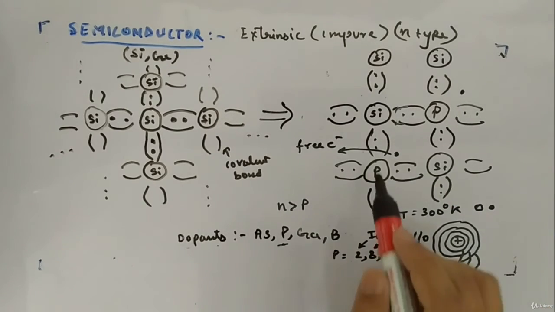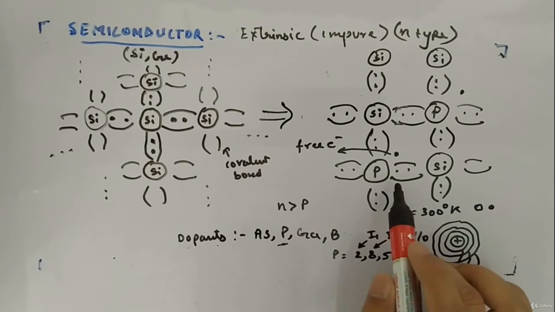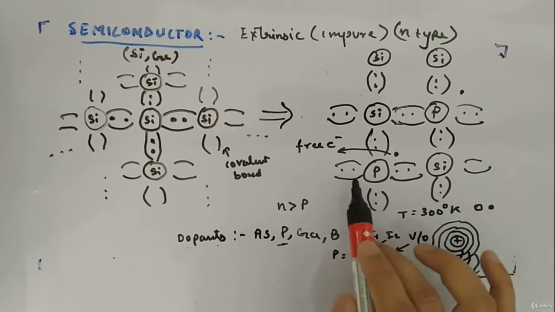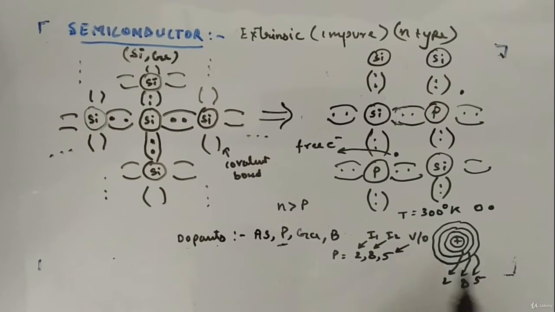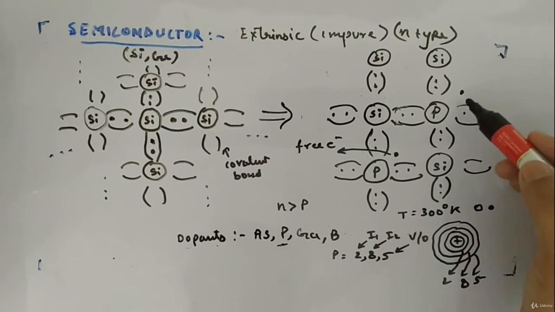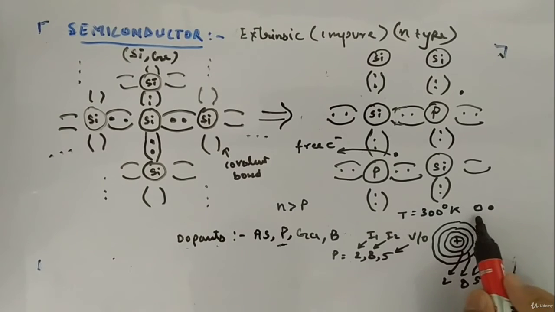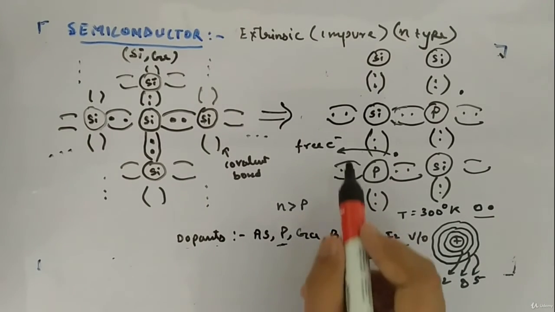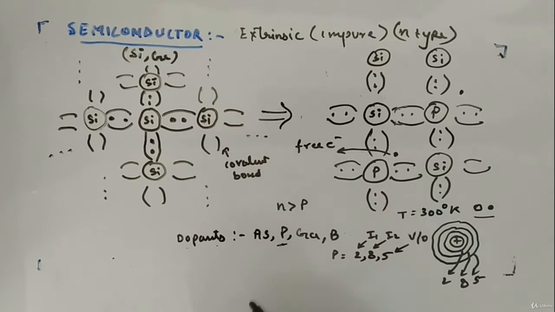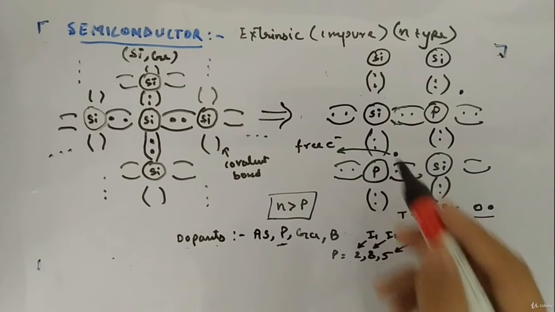Out of that it will make covalent bonds with silicon using 4 electrons, but 1 electron will be left for each phosphorus atom. That's how you get extra electrons. So you got equal holes and electrons from temperature, but from this impurity you got extra electrons, which made n greater than p.